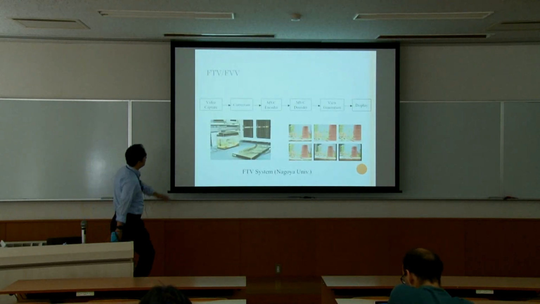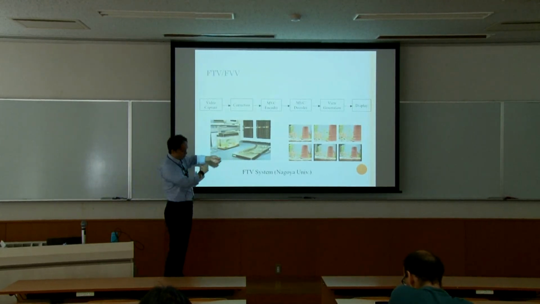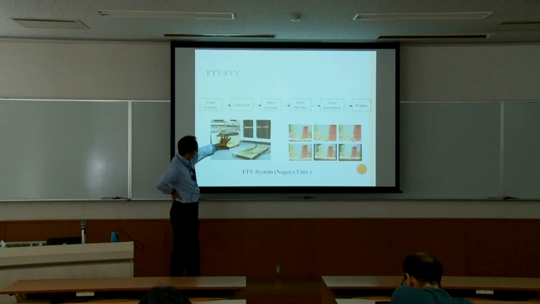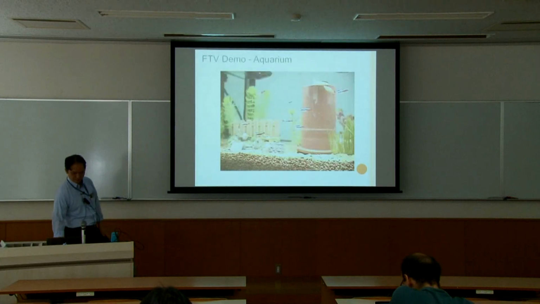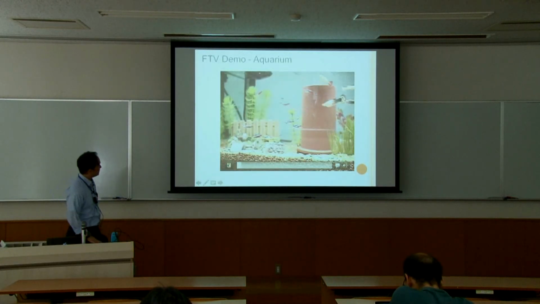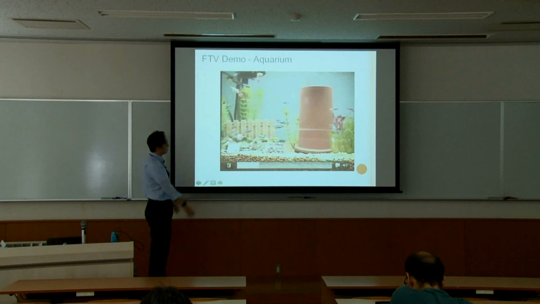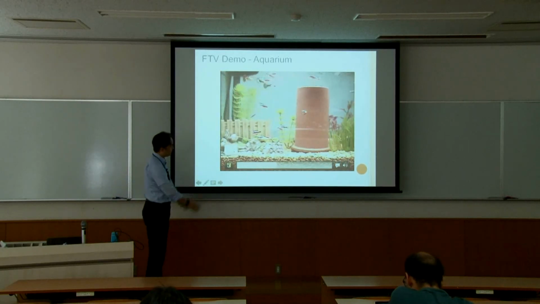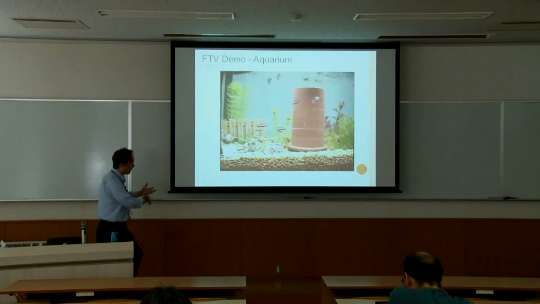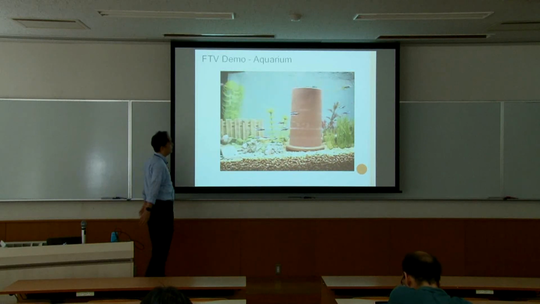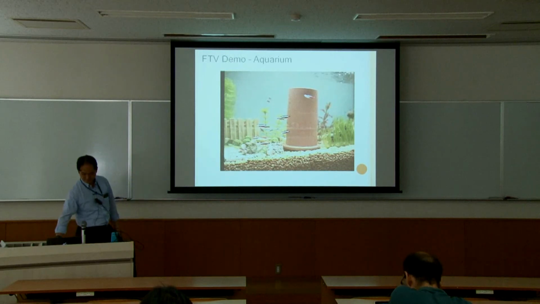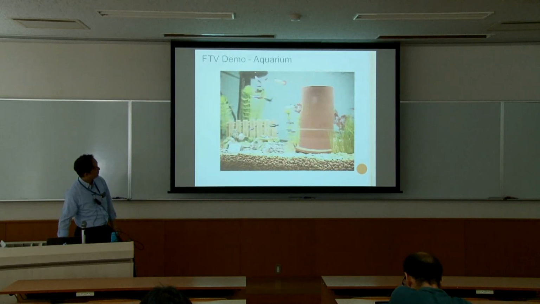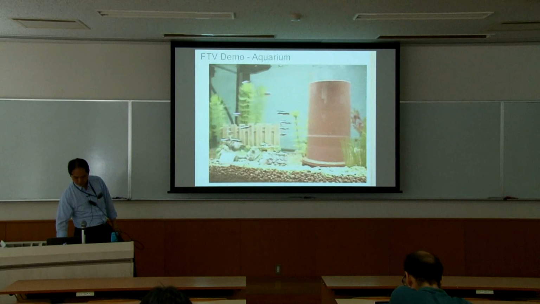So the whole system is like this: video capture, some correction is done, then encode, decode, view generation and display. So this is the input system, the input images, the 16 views, and we construct the ray space, or light field, and then extract the scene. So this is the generated one.